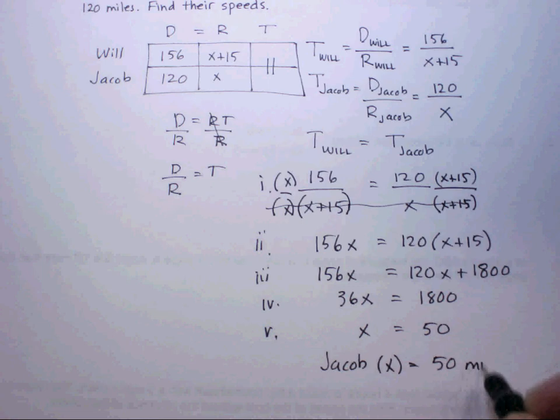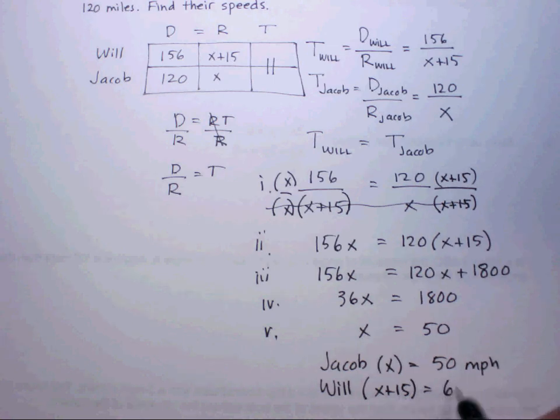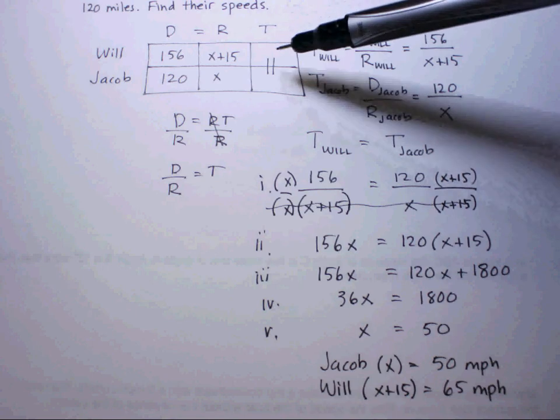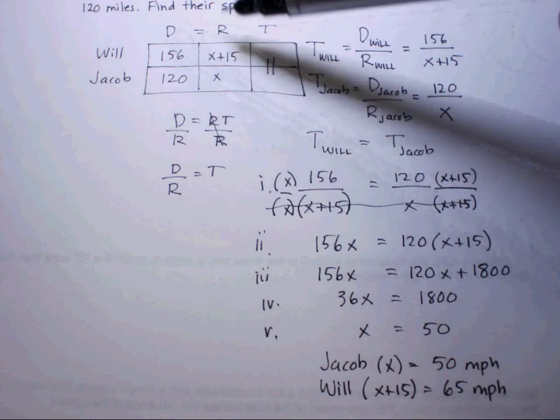Fourth step, fifth step. Now if I go back to my original problem and plug in the x, I know that Jacob is going 50 miles per hour and Will is going 65 miles per hour. Jacob x is 50 mph, Will x plus 15 is equal to 65 miles per hour.